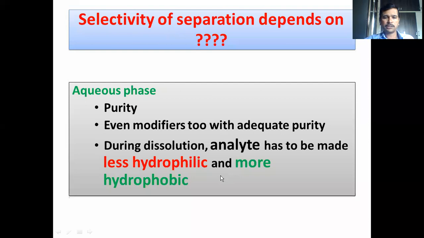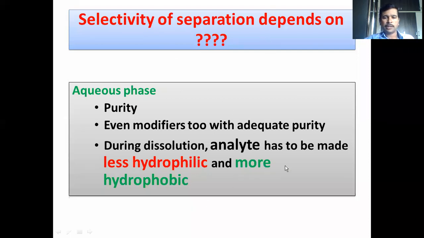When you extract into the organic layer, the analyte should possess more hydrophobic property, meaning the hydrophilic property must be declined and the hydrophobic property must be extended. As a result of the extension in the hydrophobic property of the analyte, the dissolution of the analyte in the organic layer can be anticipated. Otherwise, extraction selectivity will be reversed.